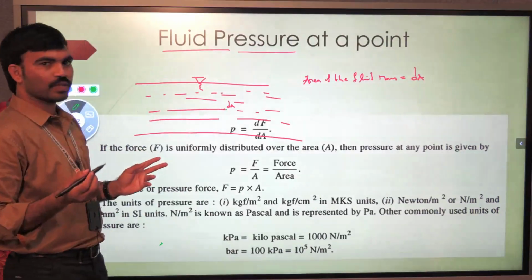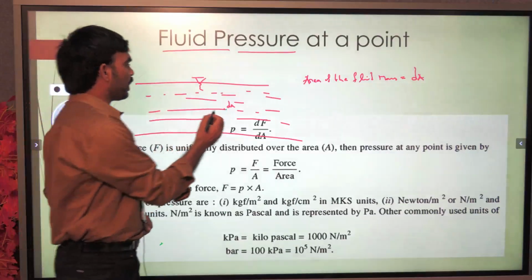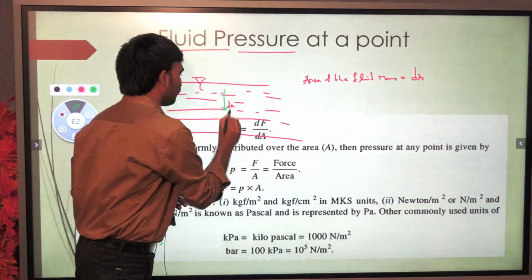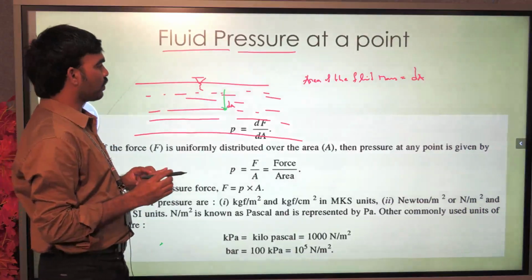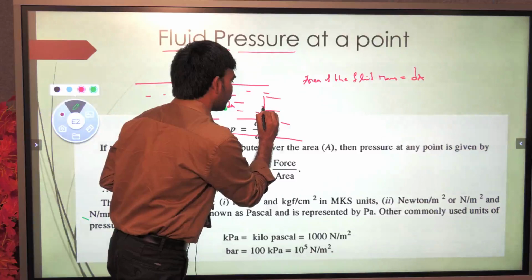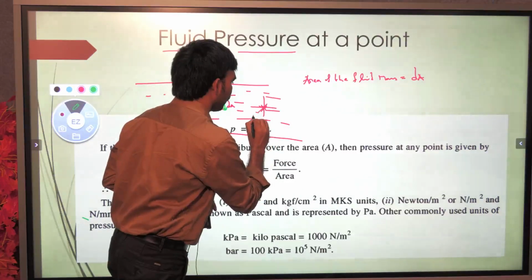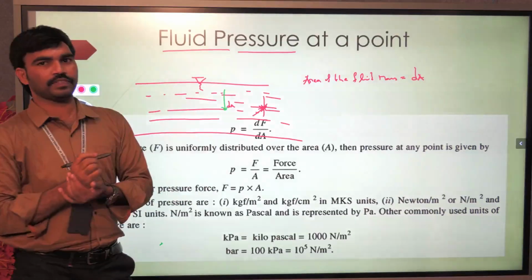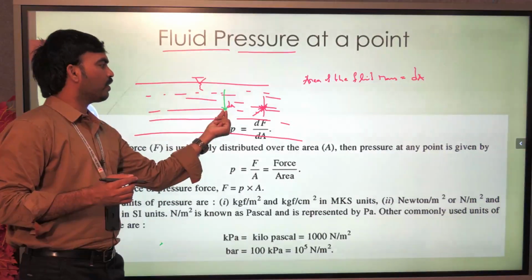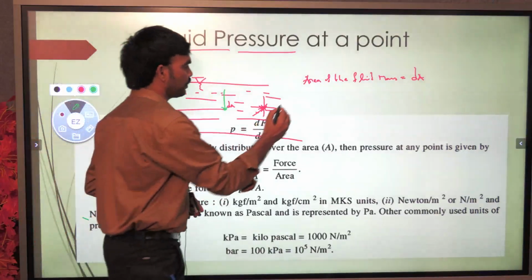Now, we know from the previous session that the pressure always acts normal to the surface. For example, this is the fluid point, and the pressure always acts normal to the surface. We know that the force acting on this small area of the fluid mass dA is dF.